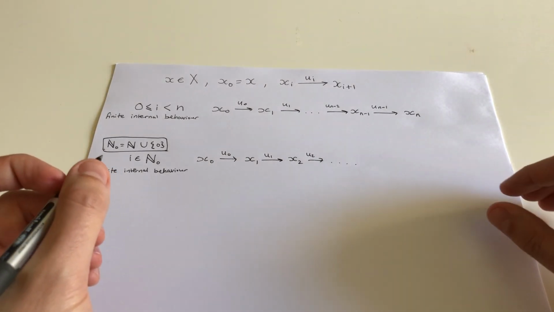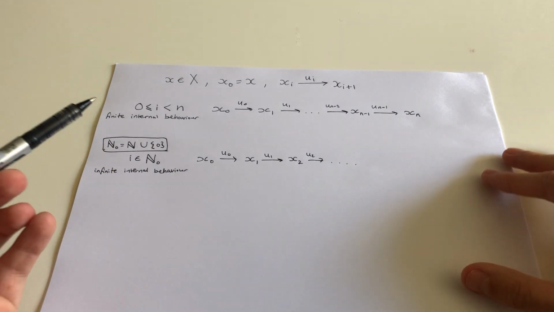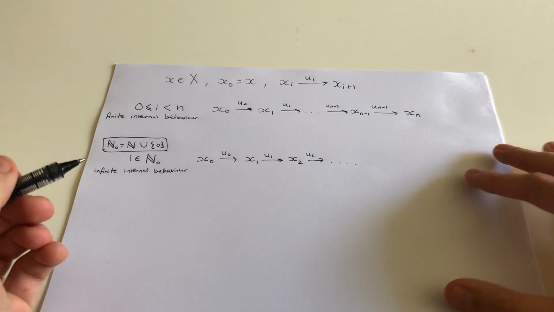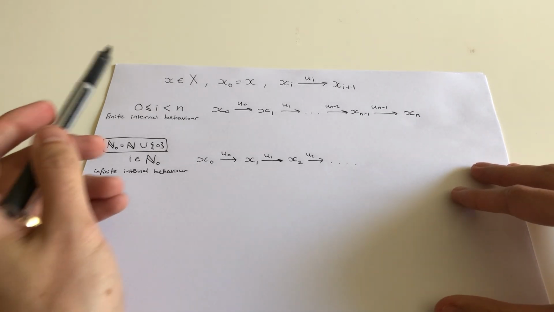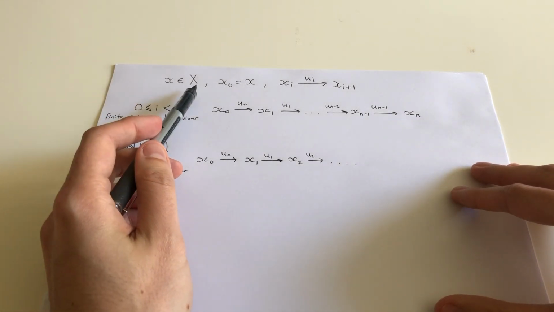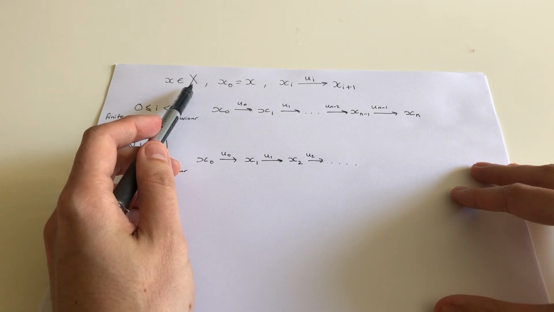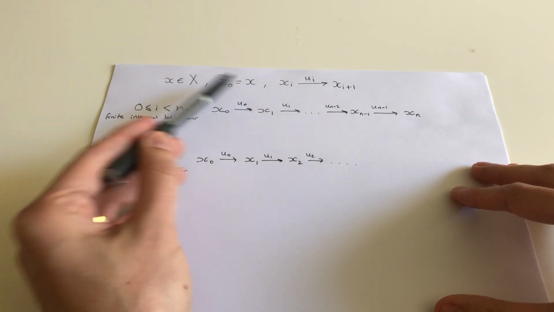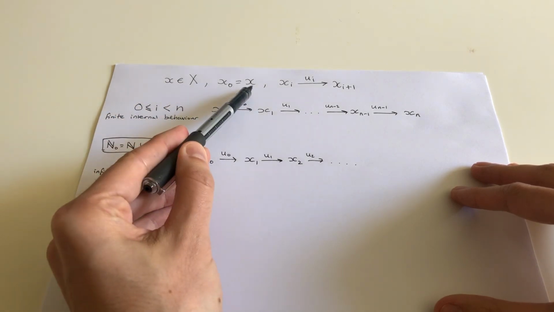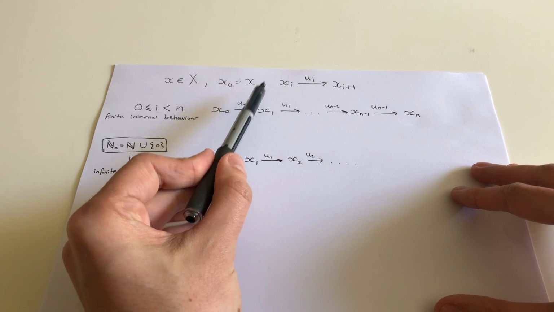Okay, let's jump back in. What we're now going to discuss is system behaviours. Let's consider we have some state which is inside our state space X, and that the initial state x0 is this value x, it fits this requirement.